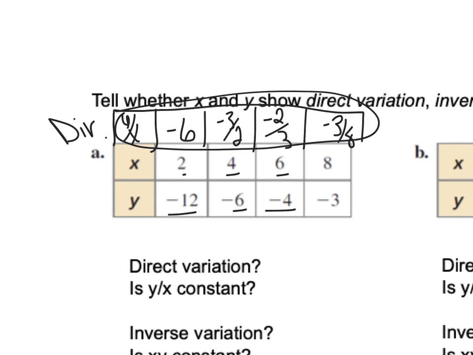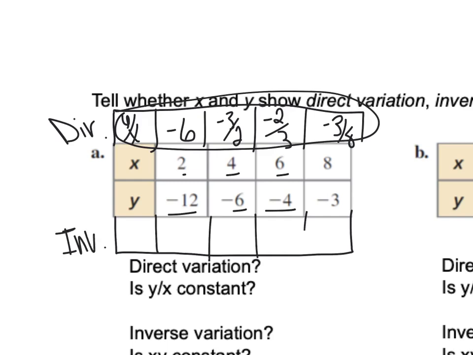Down below here, I'm going to add to my table and think about if it is inverse variation. Inverse variation means it's going to be the same every time if I multiply x times y. Negative 12 times 2 is negative 24.